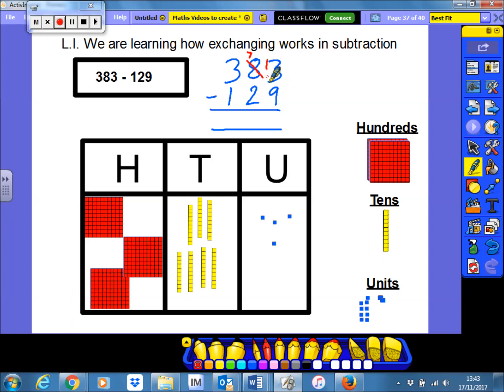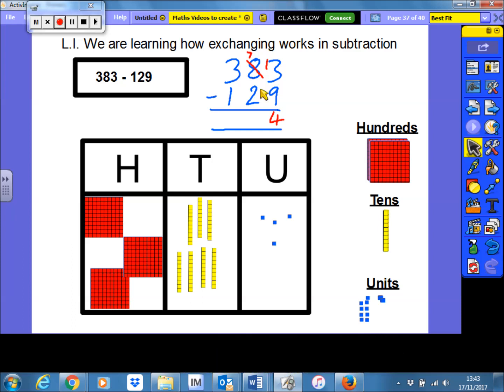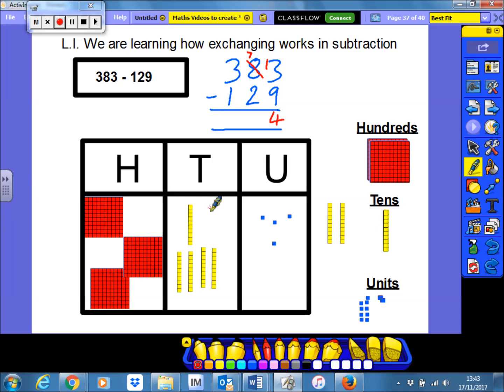We've then done 13 units, take away 9, which has left us with 4 units. Now, we can easily carry on with the rest of the calculation. I only have 7 tens in here, but I'm only taking away 2, which can be quite easily done. That has left us with 5 tens.